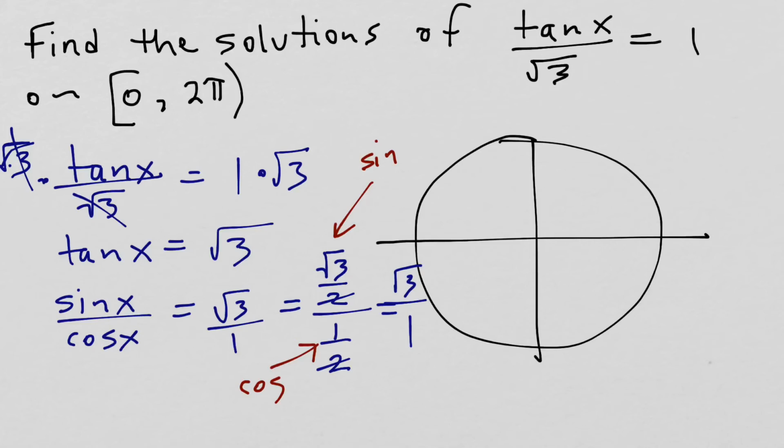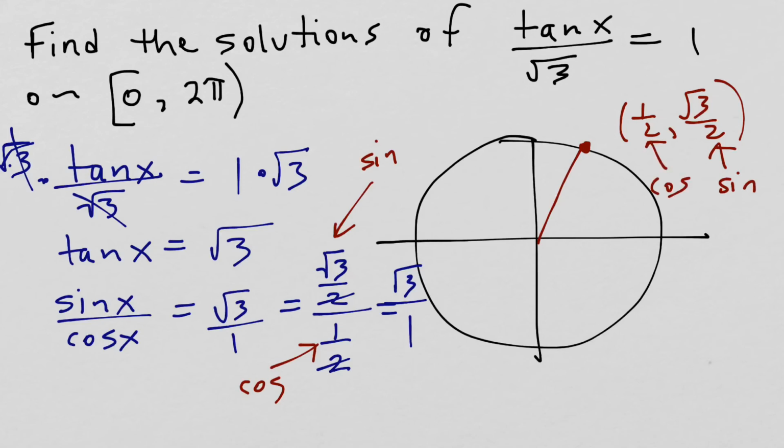So your sine is √3 over 2, so that'd be here. So we've got sine and cos, so 1/2, root 3 over 2. All right, so this is your sine. And of course, this is your cosine. All right, and then we've got that again down here.